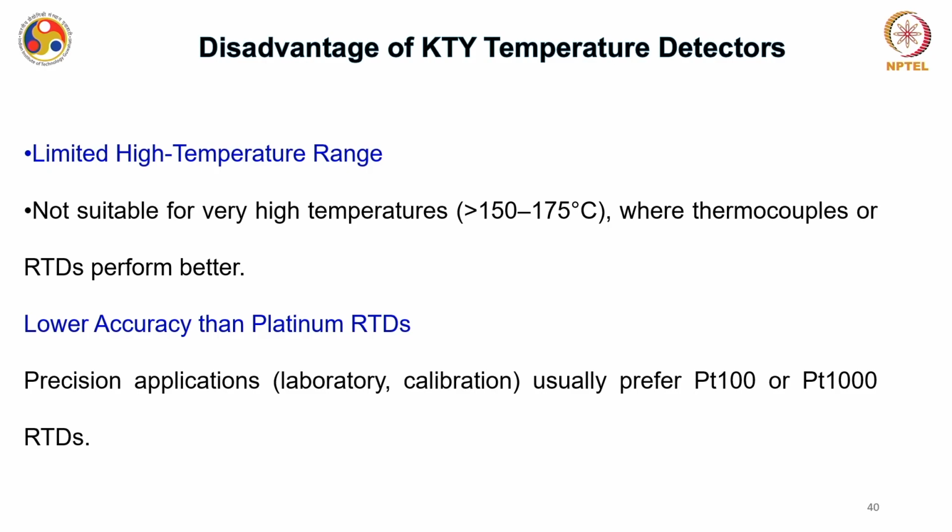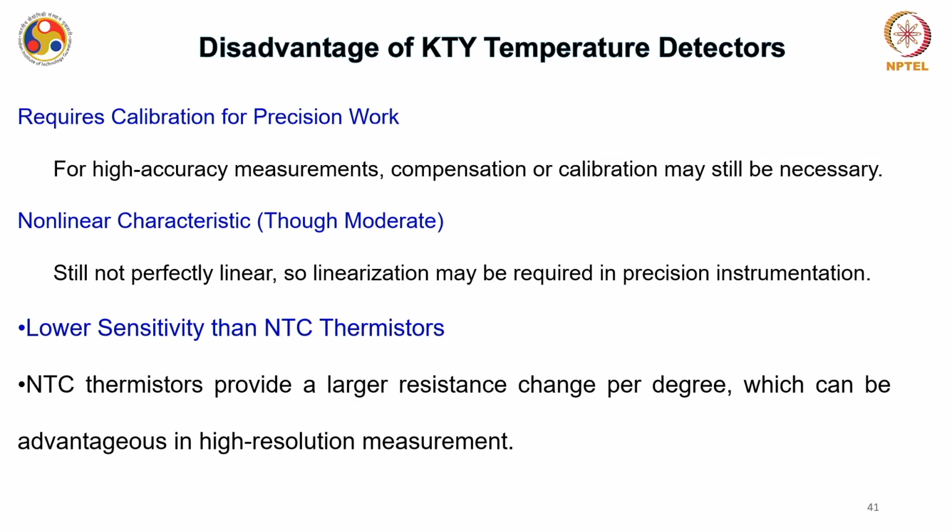Then we have different disadvantages for KTY temperature sensors. Although I am saying that -50 degrees Celsius to 150 degrees Celsius is a wide temperature range, the user may require a range of say -100 degrees Celsius to 400 degrees Celsius or so. In that case, you have to rely upon existing RTDs based on metallic wires like platinum. KTY sensors may not be suitable for that kind of application. Also they have lower accuracy than platinum RTDs, and they require calibration for precision work.